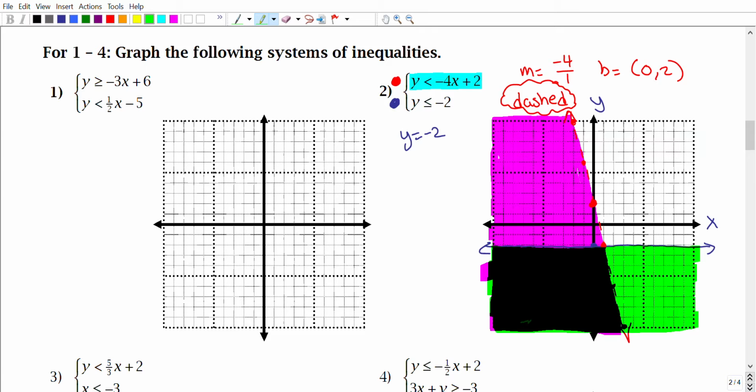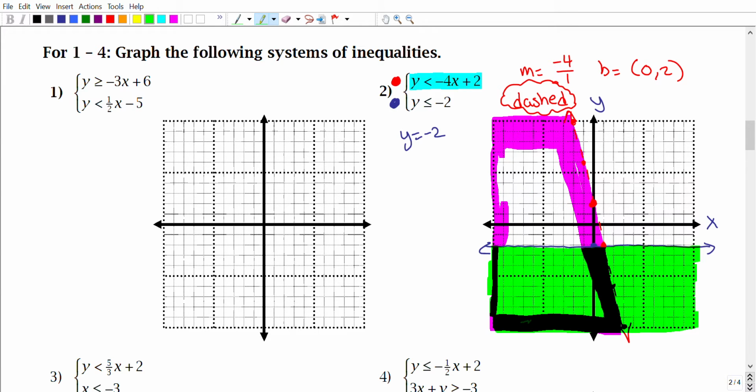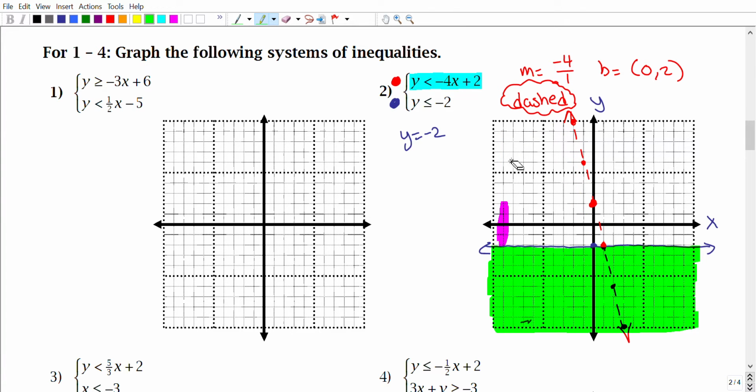So now if I wanted to, I could erase all of this that I originally highlighted and just highlight this as my only shaded region, the one that satisfied both inequalities.